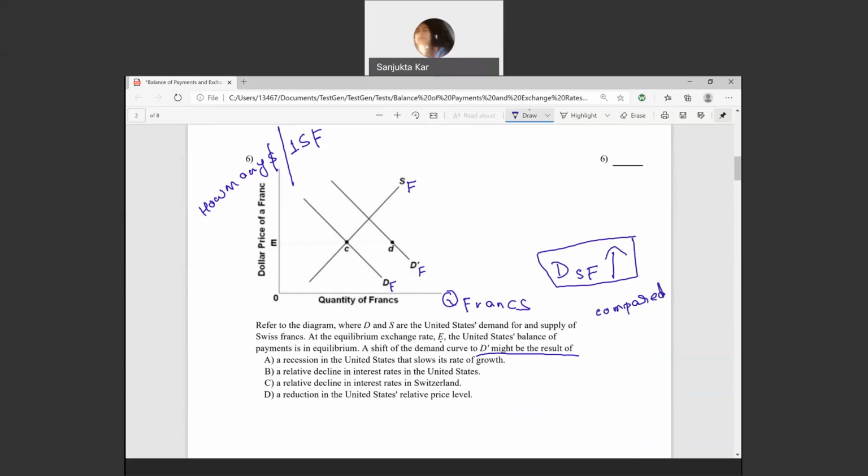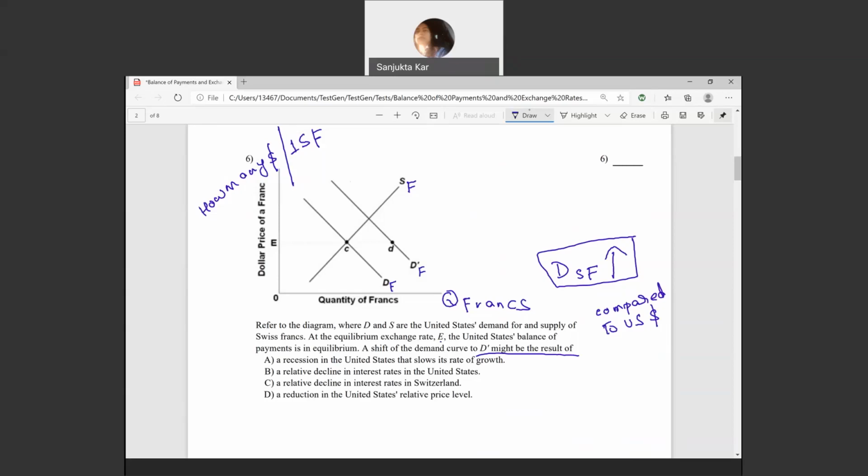Why would the demand for Swiss franc increase compared to US dollars? When the demand for one currency increases compared to another currency, the demand for US dollars will go down. So I have the following answer choices. A recession in US that slows its growth, a relative decline in interest rate in US, a relative decline in interest rate in Switzerland, reduction in US's relative price level.